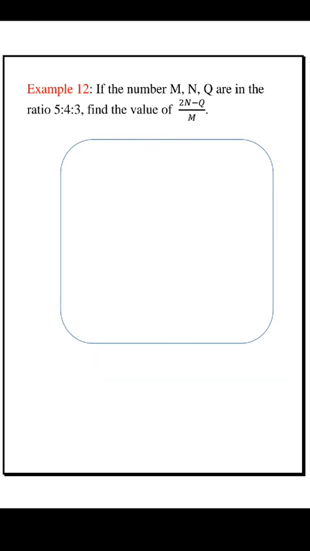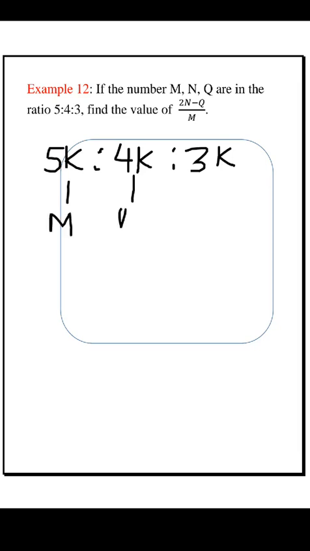When we are given this kind of ratio and we are asked to evaluate something like this, we will put k there. We multiply each of them by k: 5k, 4k, 3k, a constant that must have been factored out. Now, this one is our m, this is our n, and this is our q.